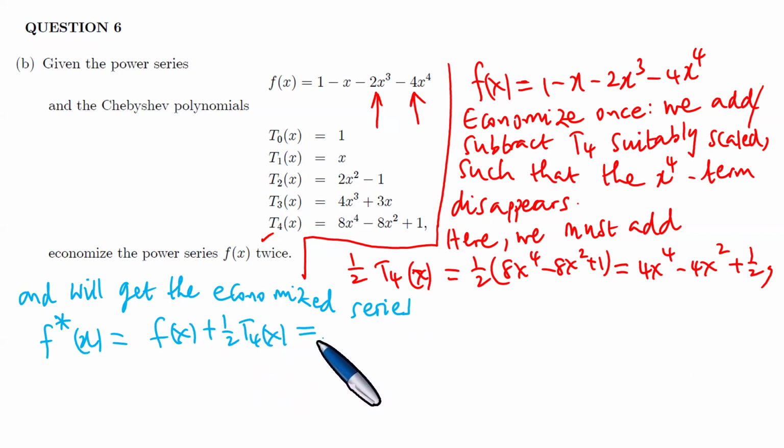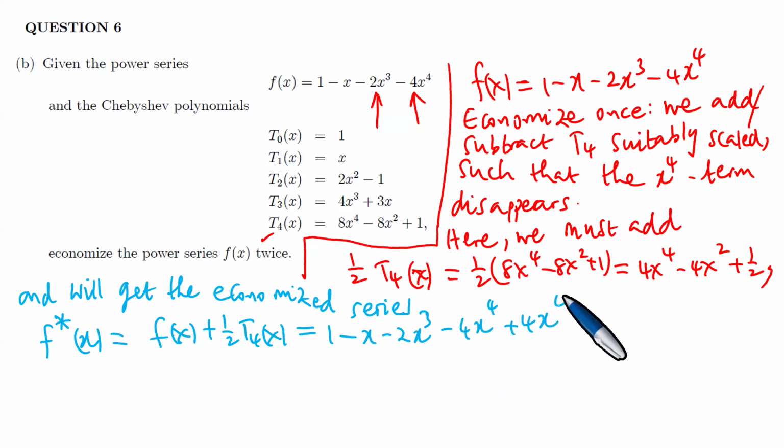What is f of x? 1 minus x, 2x cubed, minus 4x to the fourth power. So which means f star of x.